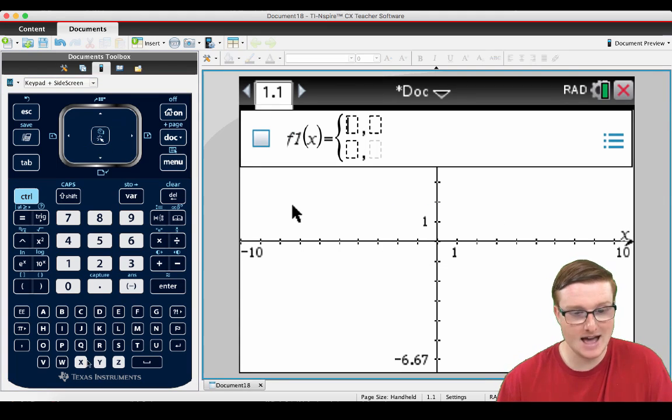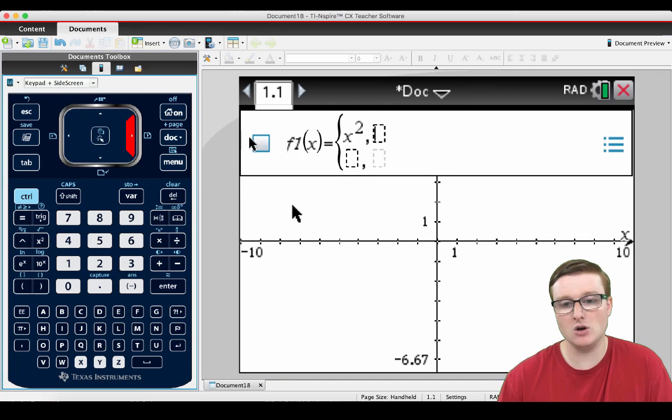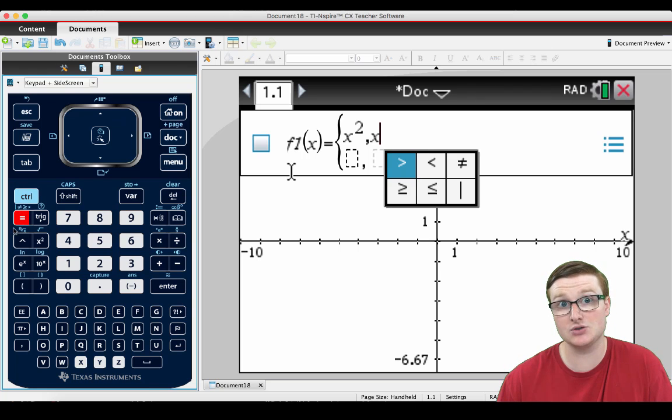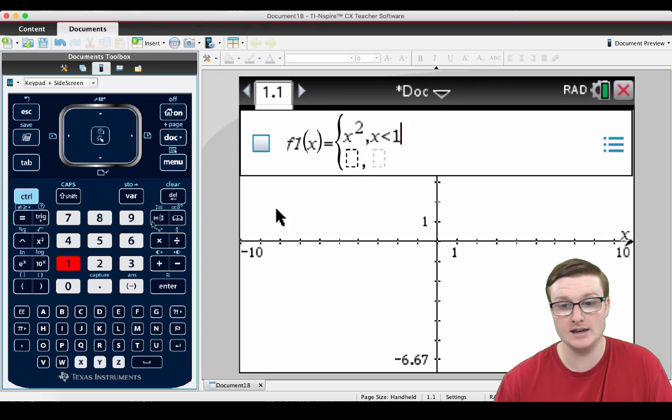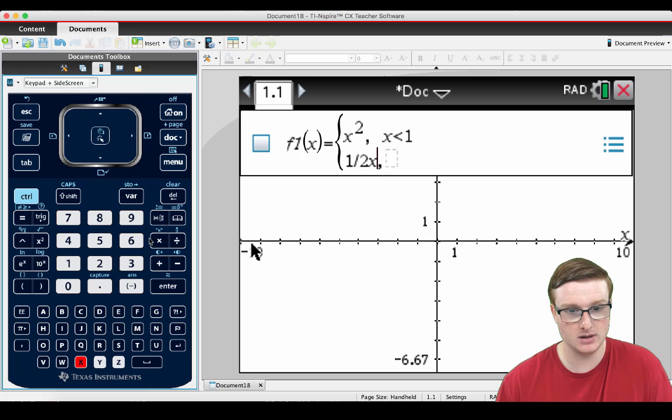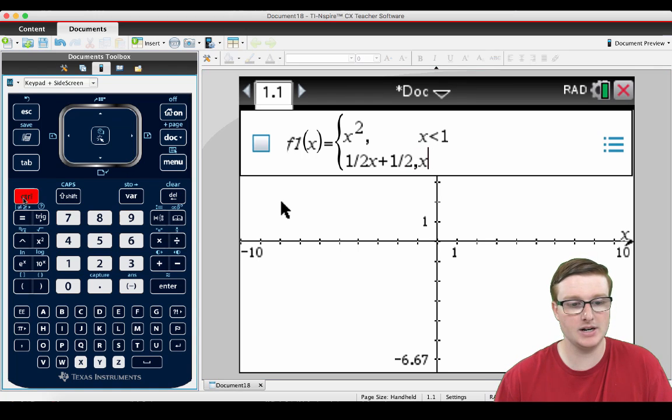Now you could type in x squared, and now if you go over to the right, you type in x, and if you press control equals, the equal sign's right below the blue button, and you click on less than 1, and then you repeat the process down here, 1/2 x plus 1/2, and then you repeat the process on the right. Sorry, that should be a half. X is greater than 1.